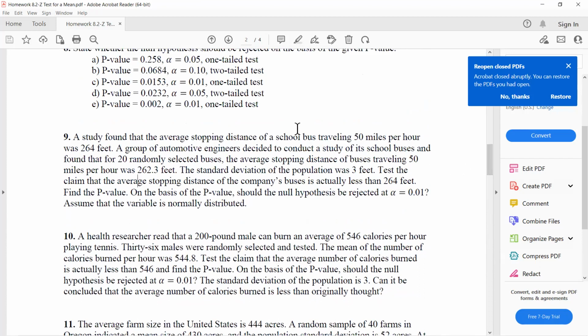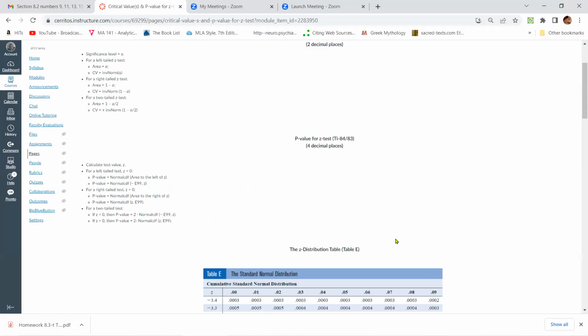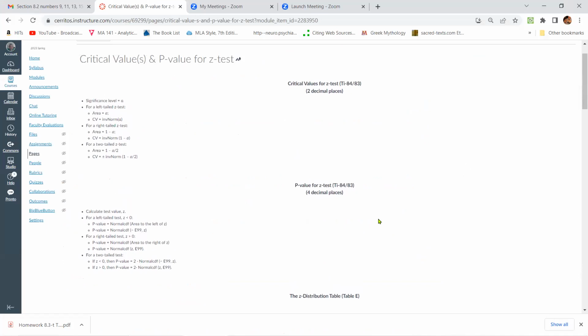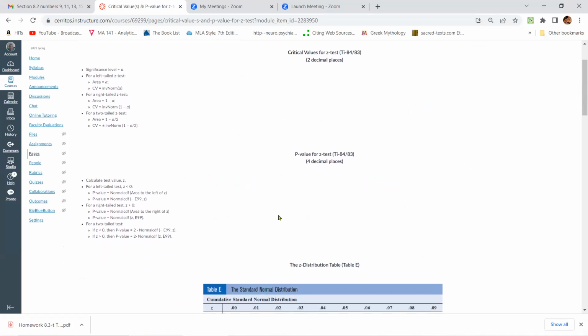I'm not sure if she meant for us to, normally, let me show you here on the instructions. When it's a two-tailed test, when you calculate your p-value, you have to take twice the normal CDF.